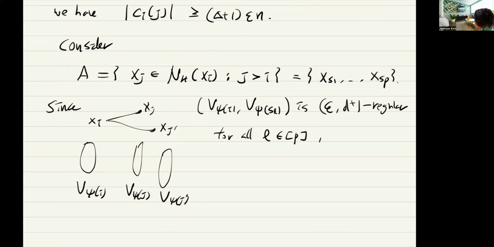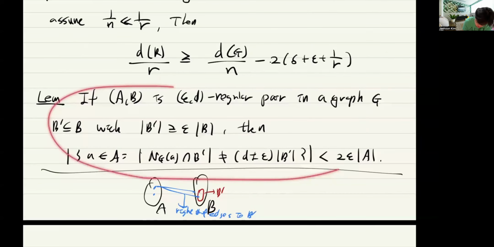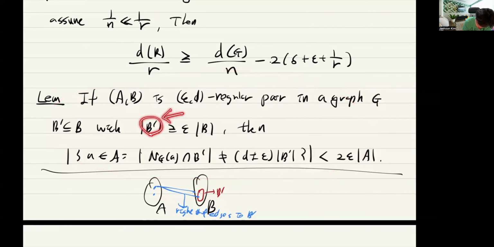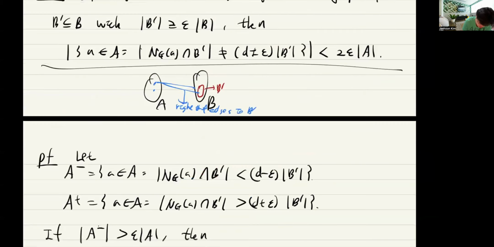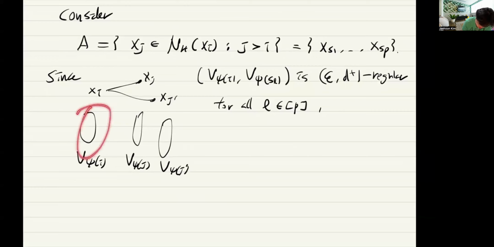And the previous lemma, the lemma about these, where B prime is our current candidate set in V sub psi SL, the candidate set C sub i of SL. Then you can control the number of vertices in here which has the correct degree to this part.